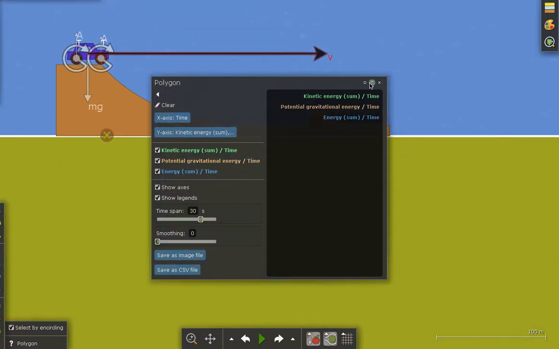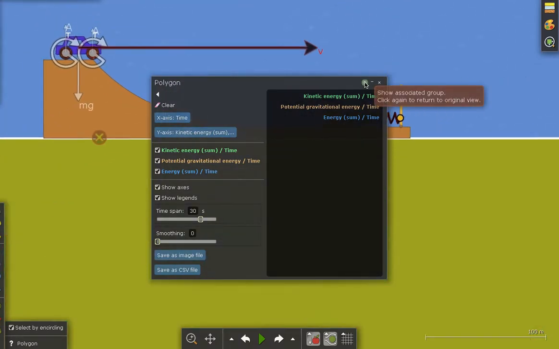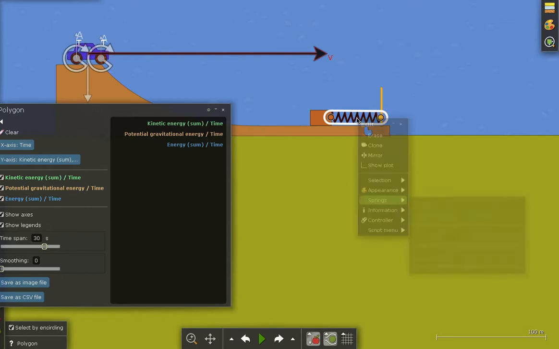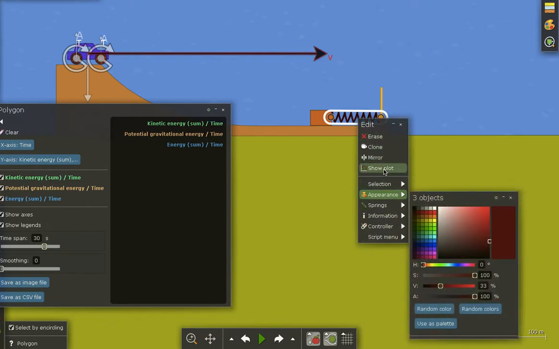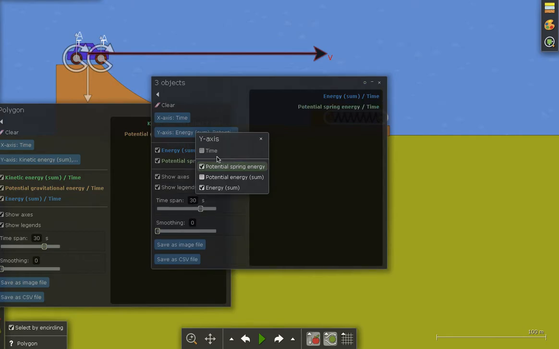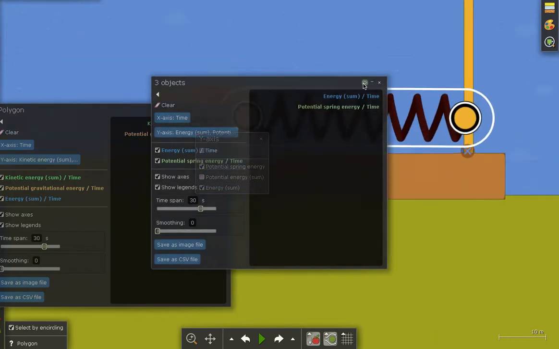We also want to know what the spring energy is looking like, so show plots. We want to know what the potential spring energy, as well as just the total energy in the system of the spring, is looking like.